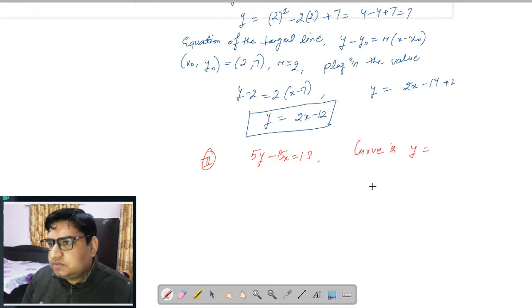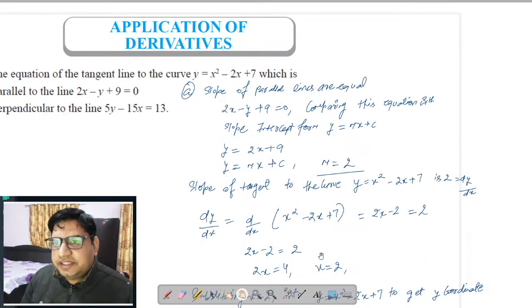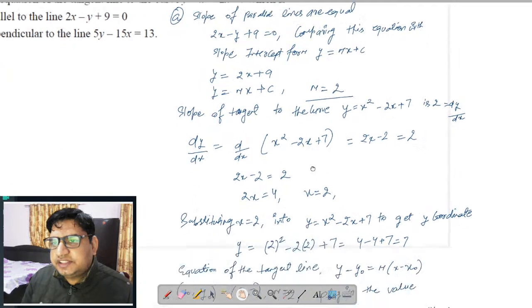The curve is y is equal to x square minus 2x plus 7. So the curve is y is equal to x square minus 2x plus 7.